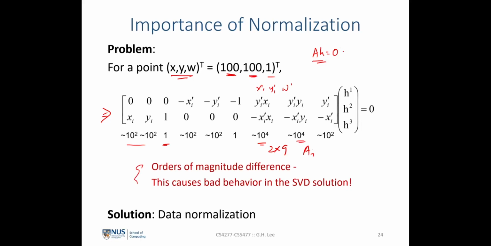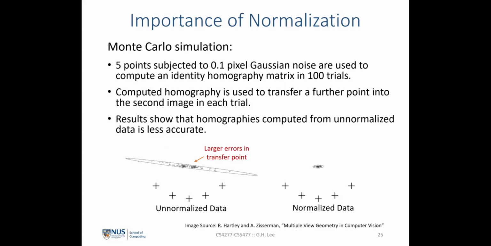So in linear algebra, we call this kind of matrix an ill-conditioned matrix, and this will lead to a very bad behavior in the SVD solution. I won't go on to prove this. I'll leave this to you because it's out of scope of what we are going to teach in this semester. But I'll illustrate this with an example here.